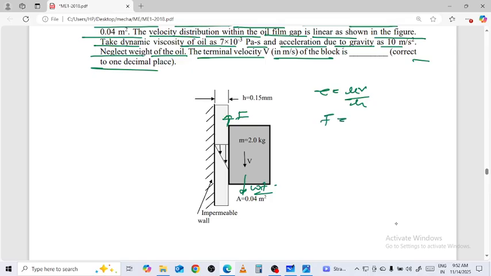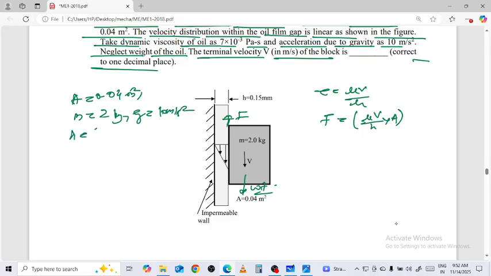And force is mu v by h times A. The A value is 0.04 square meter, mass of the block 2 kg, gravity 10 meter per second square, h value is 0.15 mm, viscosity 7 into 10 raised to power minus 3 Pascal second.